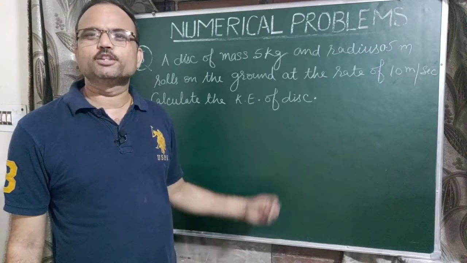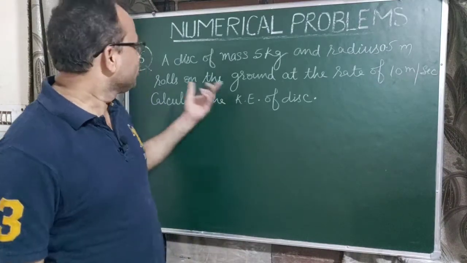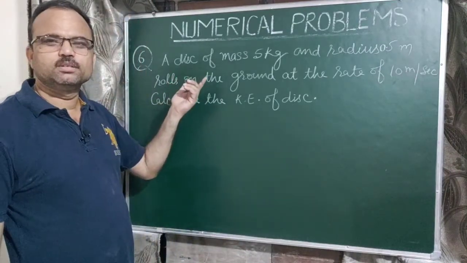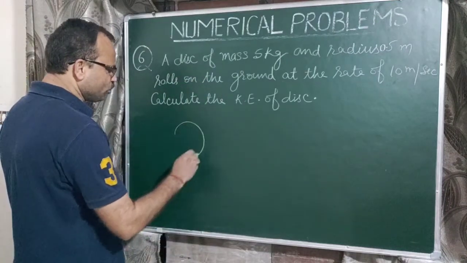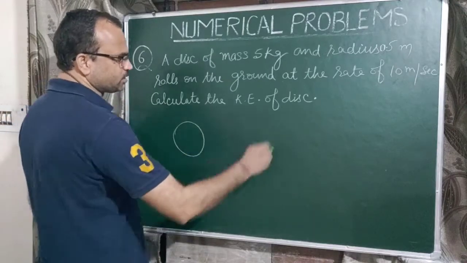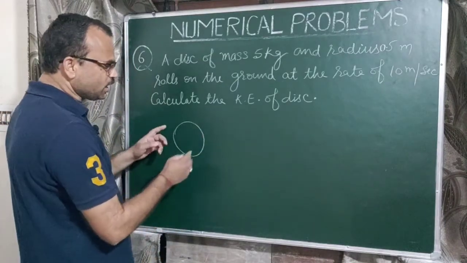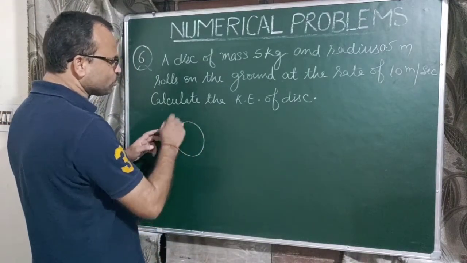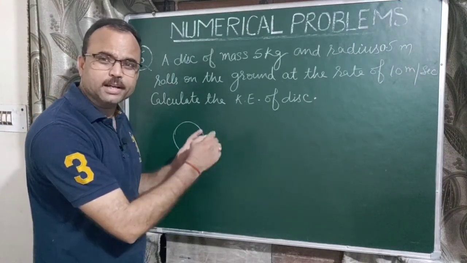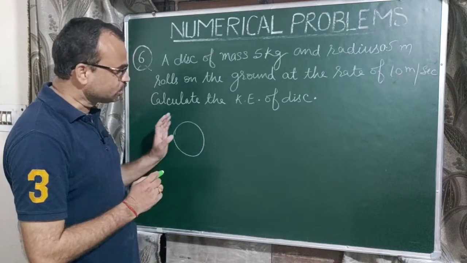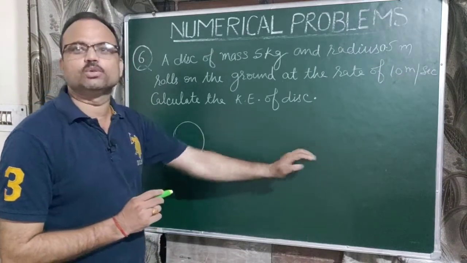But it is not so here, because the body is a disc. Disc means just like a plate, and this plate is moving, rolling like this. Rotational motion plus translational motion both take place when a disc is revolving and moving on the ground.